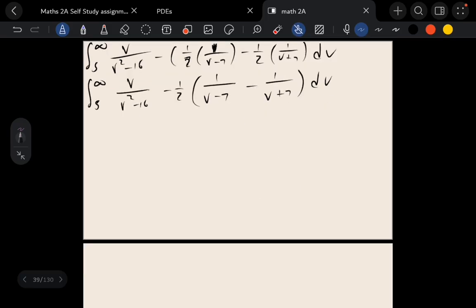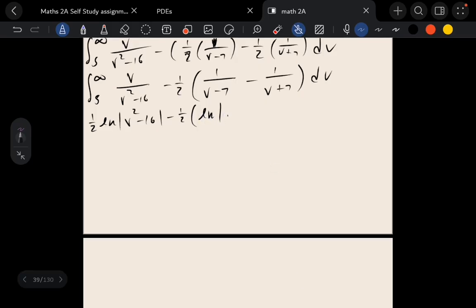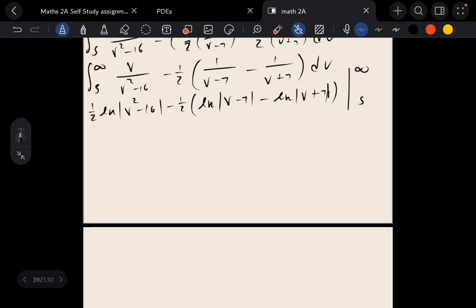Now, what is the integral of v over v squared minus 16? The integral of that is just going to be 1 over 2 ln v squared minus 16 minus 1 over 2, in bracket, the ln of v minus 7 minus the ln of v plus 7, between s and infinity.